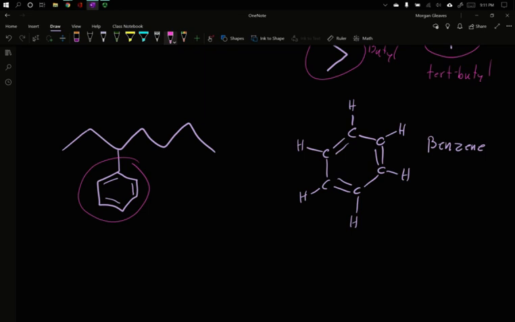My chain again is 1, 2, 3, 4, 5, 6, 7. So the chain is a hept. The chain itself is all carbon single bonds, so it is still a heptane. The double bonds in the ring aren't part of the main chain. So the main chain is still a heptane. Now this works because we're naming the ring as a subgroup.